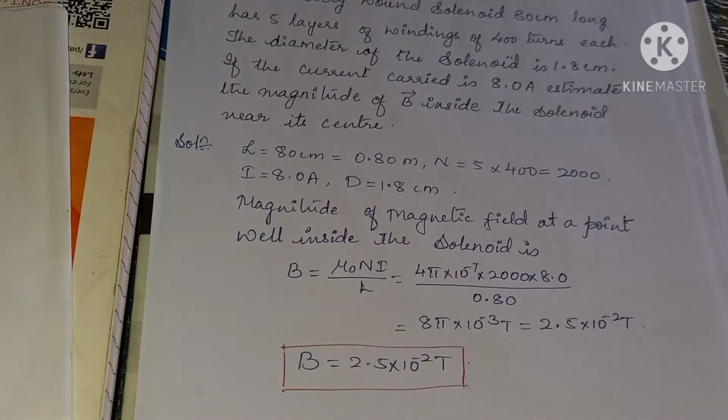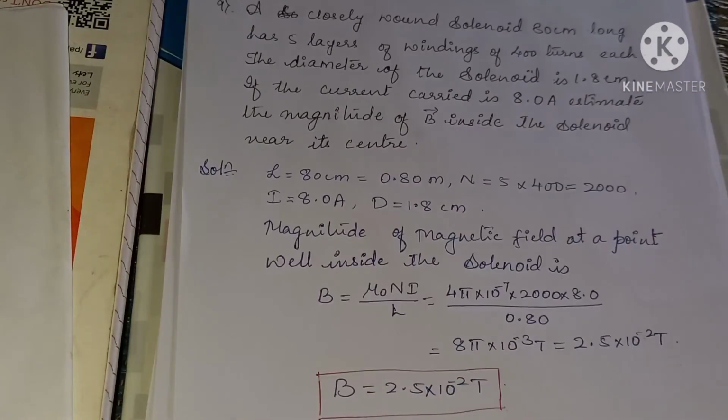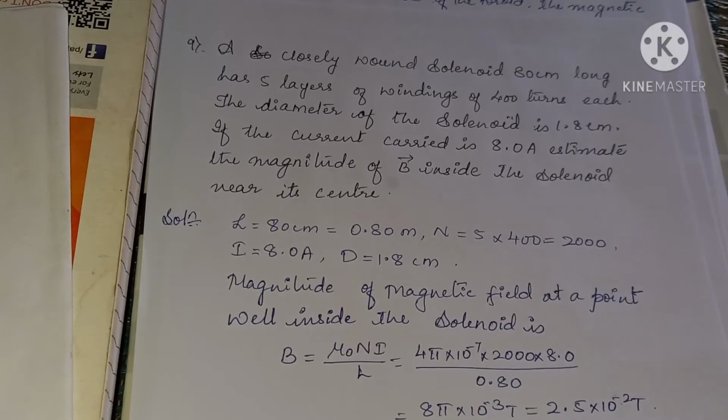So let us go to the 9th problem. A closely wound solenoid 80 centimeter long has 5 layers of windings of 400 turns each. The diameter of the solenoid is 1.8 centimeter. If the current carried is 8 ampere, estimate the magnitude of the field B vector inside the solenoid near its center.